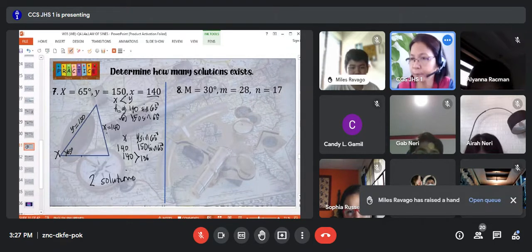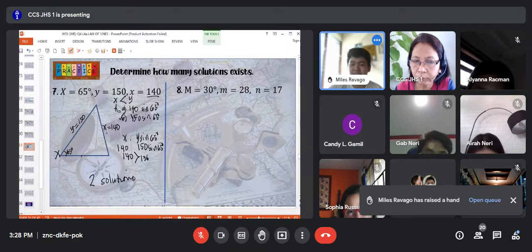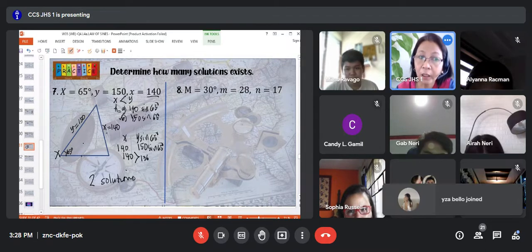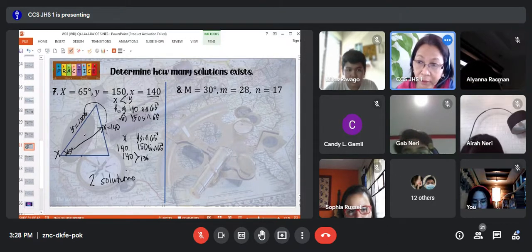Yes, Miles. Sure, may I ask how you identify the A and B in finding the B sin A, if the letters are different? Again, compare the side opposite the given angle with the altitude.